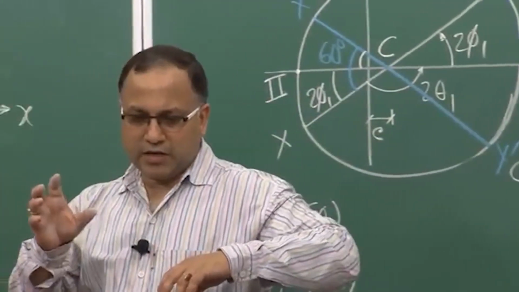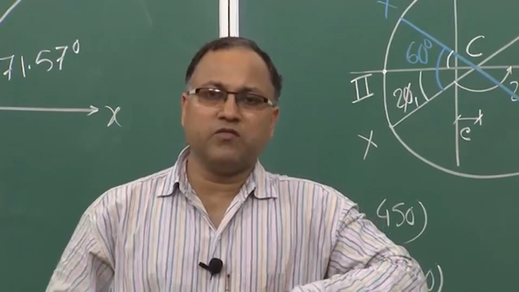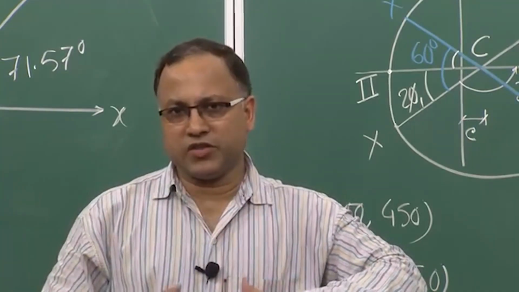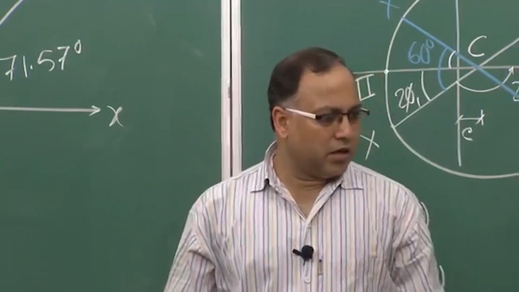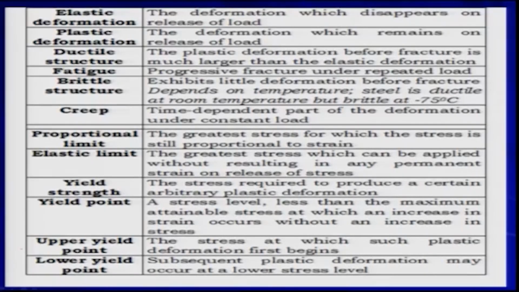So, at a very initial stage you will be getting stress and strain both proportional. If you increase the stress you will get increased strain, and that will show some linear behavior. That kind of limit is known as proportional limit, and it is very difficult to find out exactly the proportional limit anyway. So, that is a different issue.